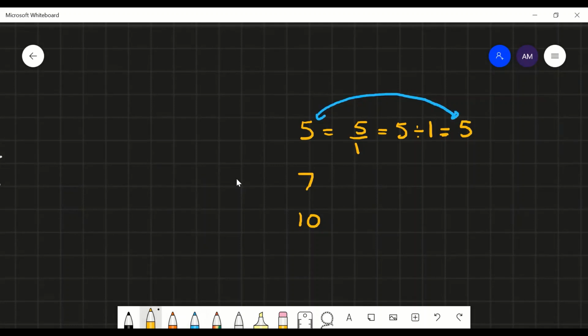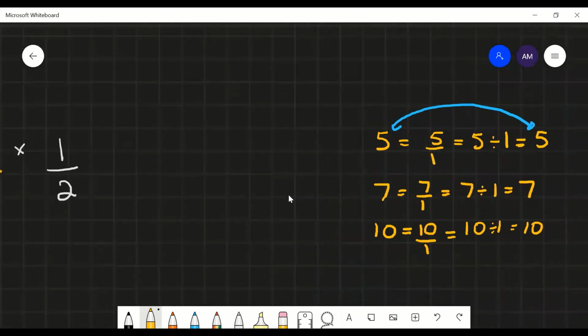Let's try that with 7, although I think you know where this is going. 7 divided by 1 equals 7. And so, of course, I hope you've been convinced that 10 divided by 1 is going to make 10.